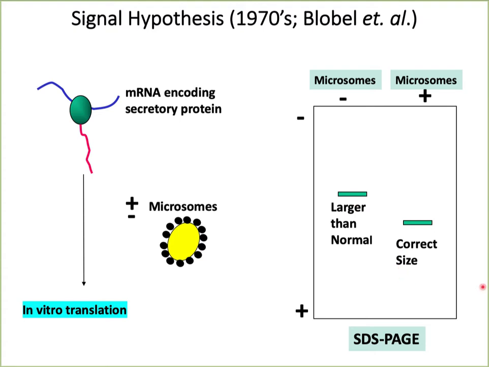Now, this was a very simple experiment by today's standard, not very sophisticated, but done with the technology at that time. Now, there is much more sophisticated data that supports the signal hypothesis. It is strange that it is still called a hypothesis today because there is so much data to support it. So it is really not a hypothesis anymore. It's a proven fact. For example, protein sequencing of the N-terminal amino acid sequence shows the exact sequence of the signal peptides.